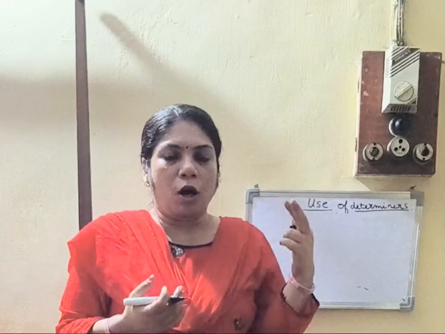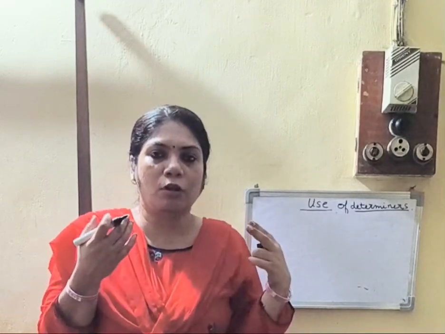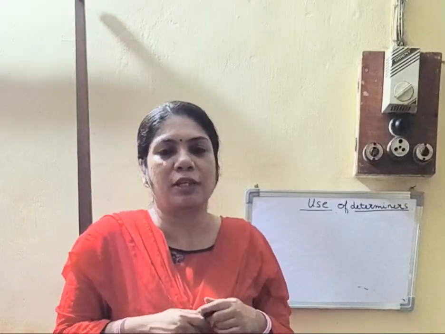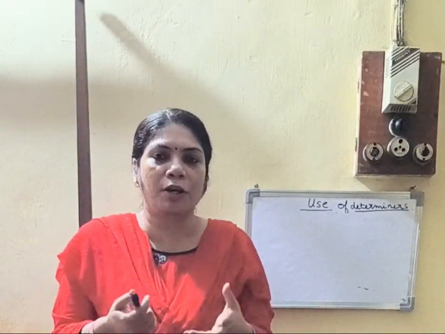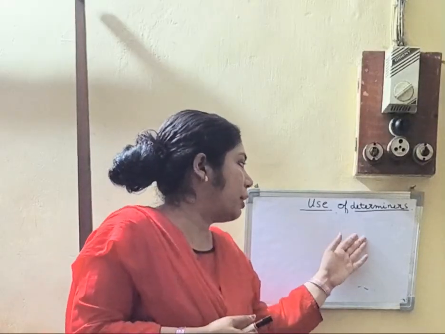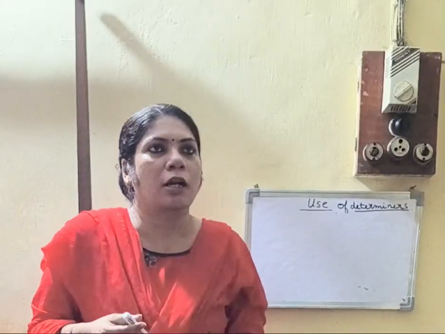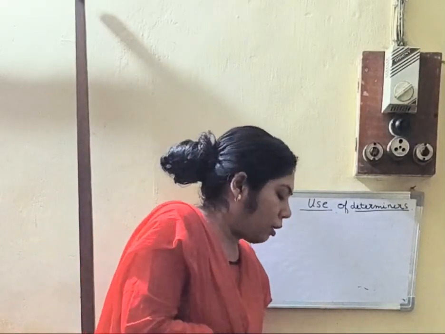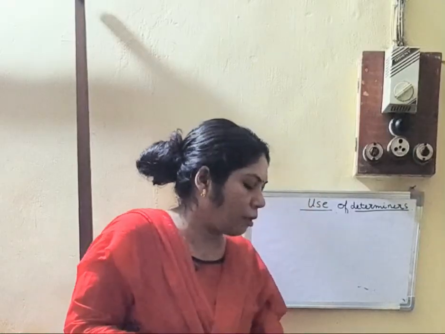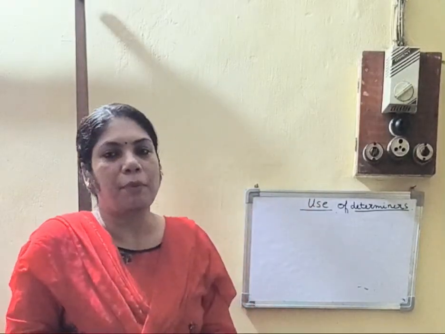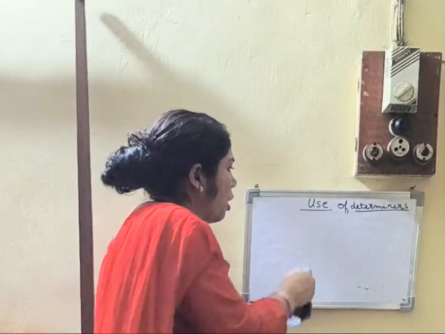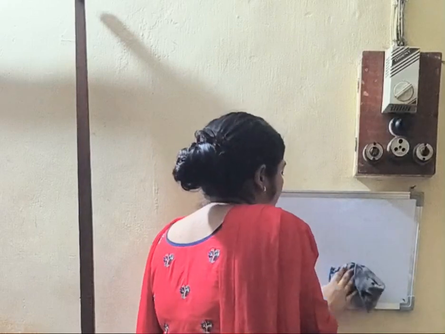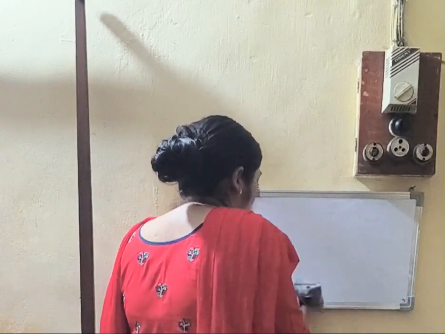Okay, how you will be able to indicate whether it is going to be positive sentence, negative sentence, affirmative, negative, or interrogative sentence, or how you will use the different example while taking different example in the formation of sentence. Okay, so now we are concluding this chapter determiner with this example.